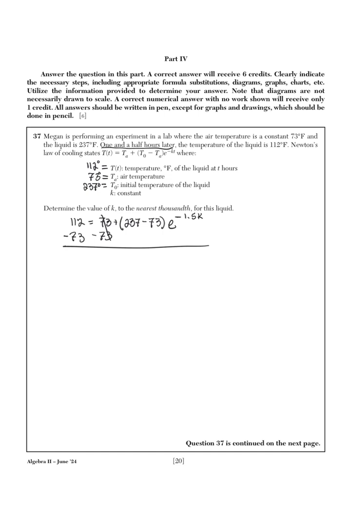So this ends up being 39 equals 164 e to the negative 1.5k. I'm going to divide out that 164, so I'm just going to leave that 39 over 164 equals e to the negative 1.5k.